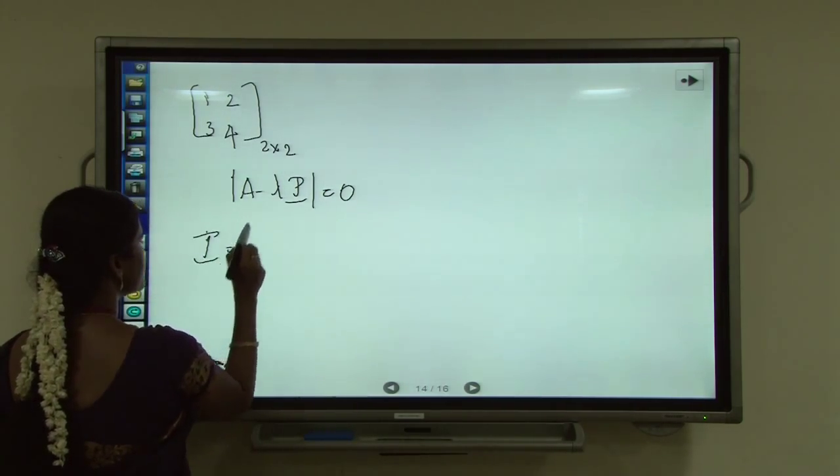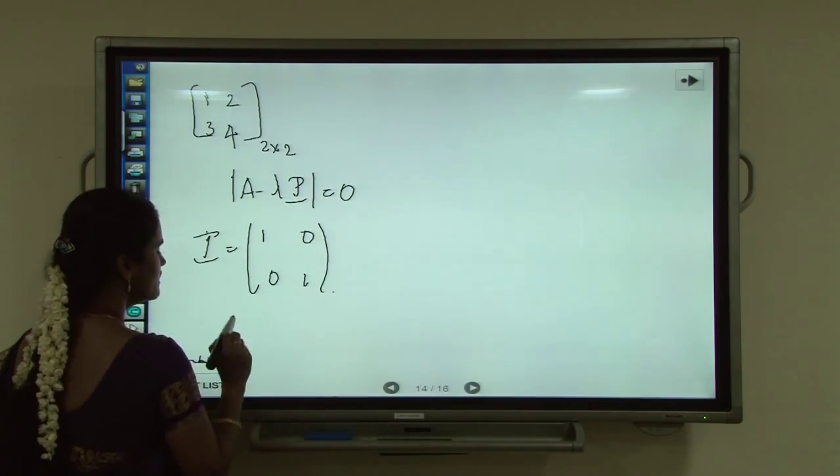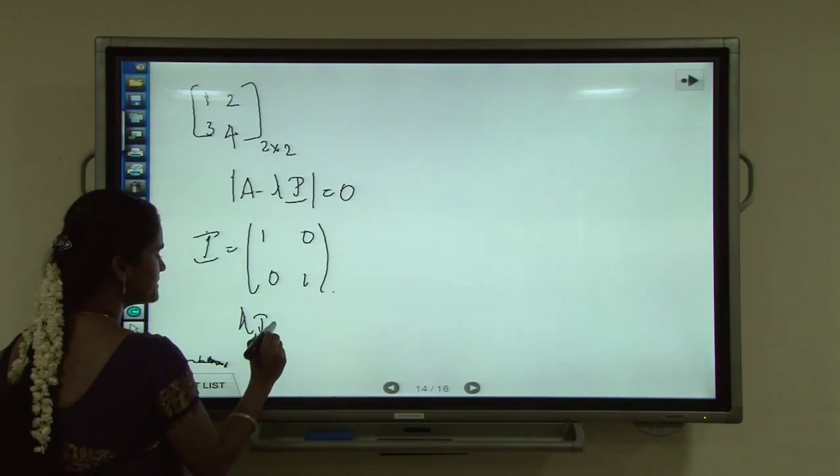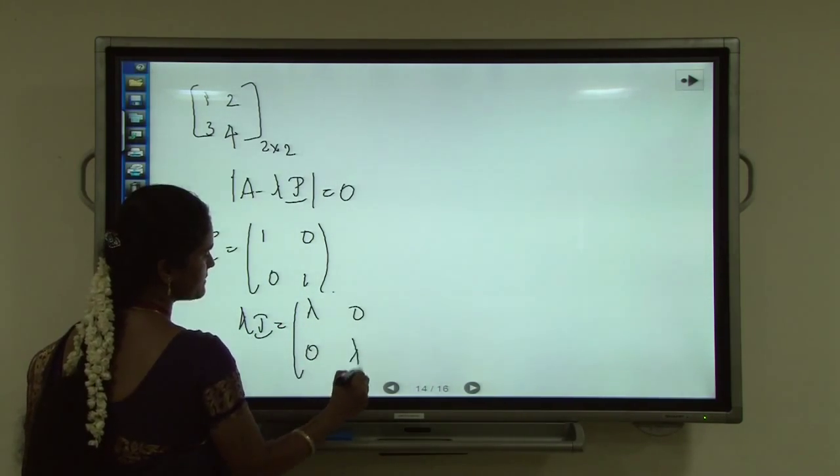What will be your I? It is 1, 0, 0, 1. Then what will be your lambda I? It is lambda, 0, 0, lambda.